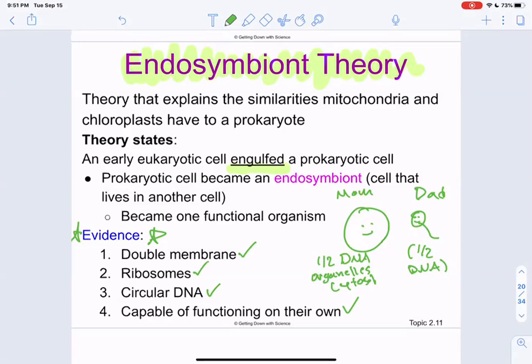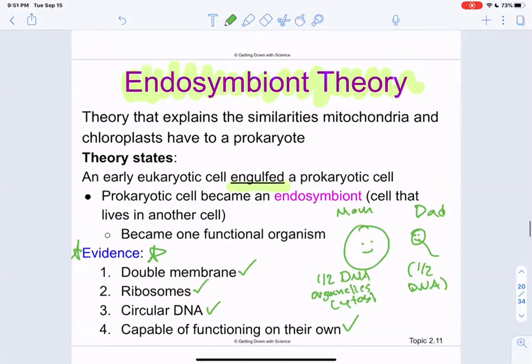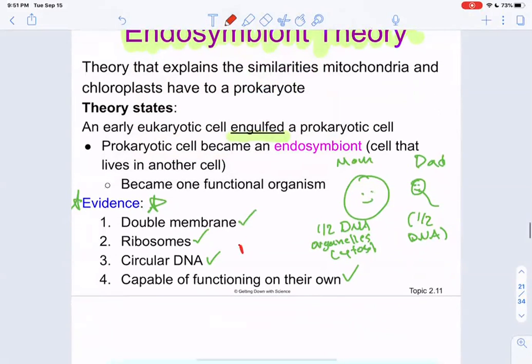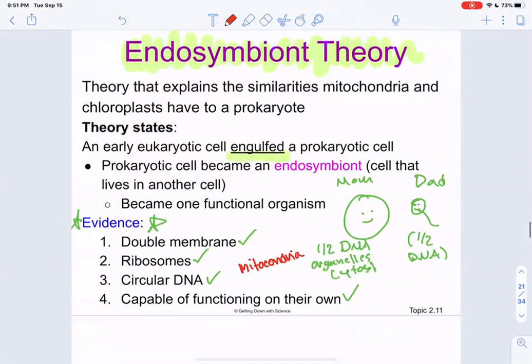Mitochondria have their own DNA. And so if your mom is giving you her mitochondria, those mitochondria in your body are 100% your mom's DNA. Although your mom gives you one half of your DNA and your dad gives the other half, this is just your nucleus.